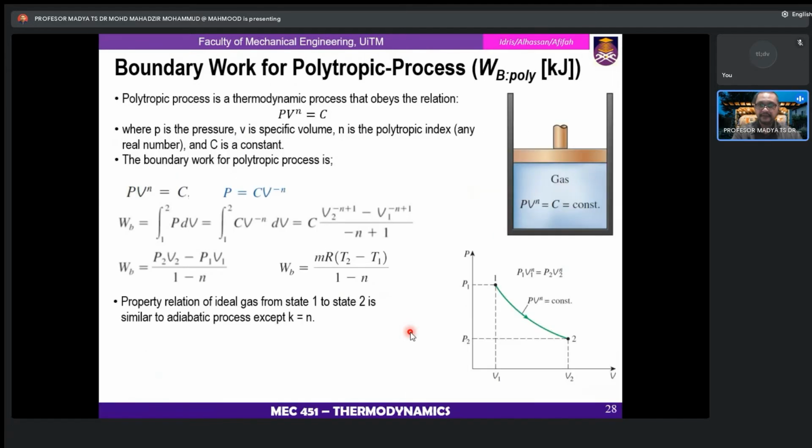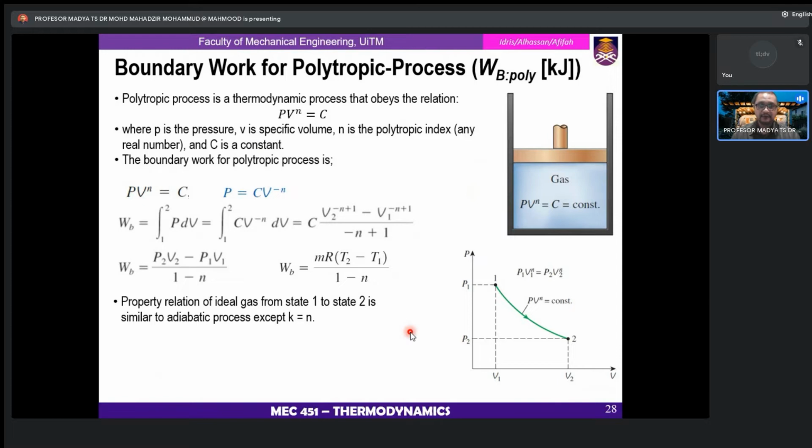And the last one of the processes in the moving boundary work is called the polytropic process.